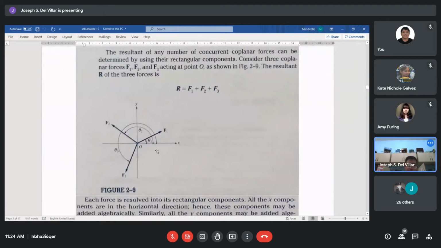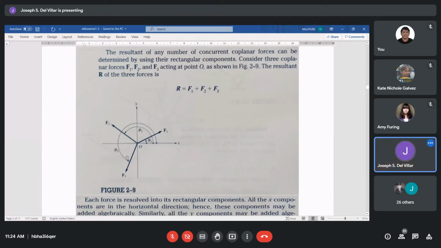Okay, for two or more forces, F1, theta 1, itong F2, standard angle niya, yung theta sub 2. But we can also have an option that we can make use of this acute angle, itong maliit. And how are you going to get this? Subtract theta sub 2 from a straight angle. So 180 minus theta sub 2 para makuha nyo yung acute angle with respect to the negative x.